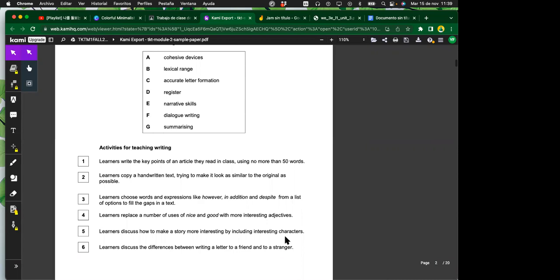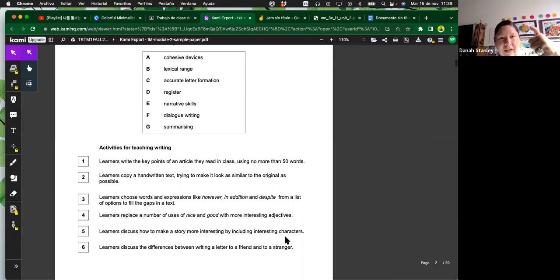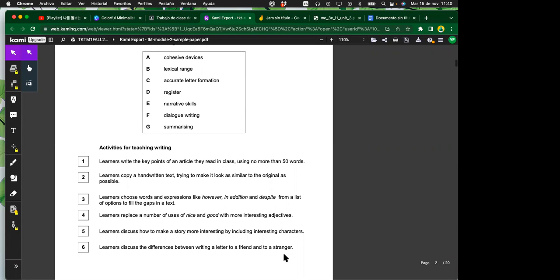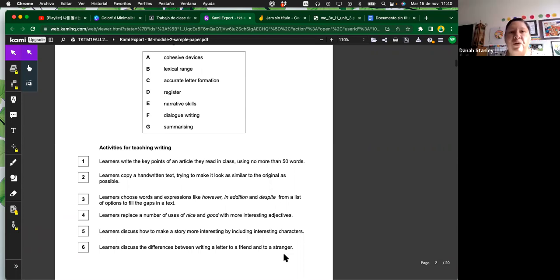Yes, it's the same one. Okay, very good. Narrative skills, excellent. Luego, number 6, learners discuss the differences between writing a letter to a friend and to a stranger. Register. Very good.